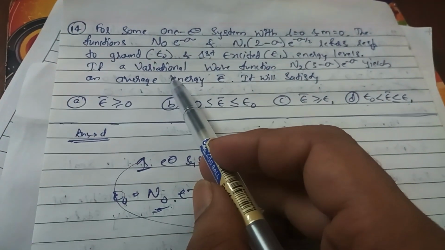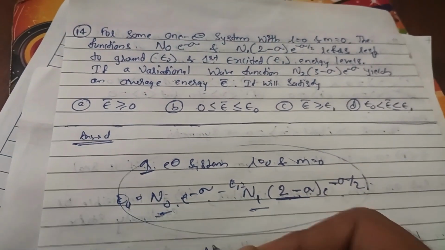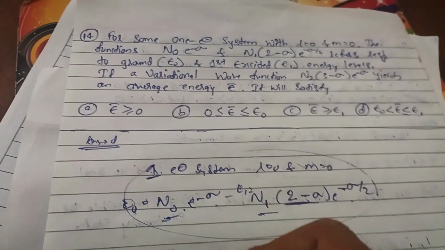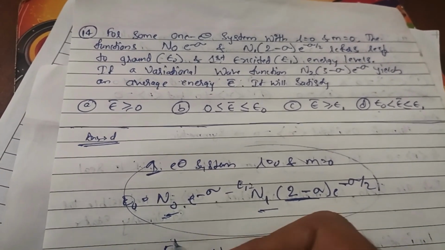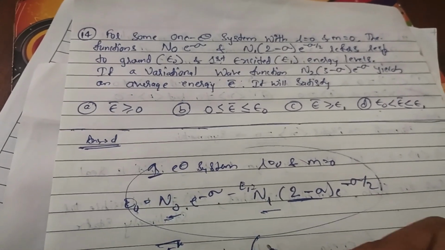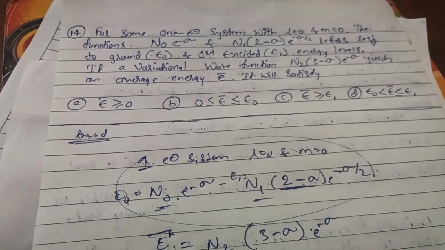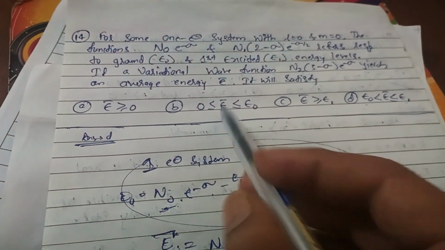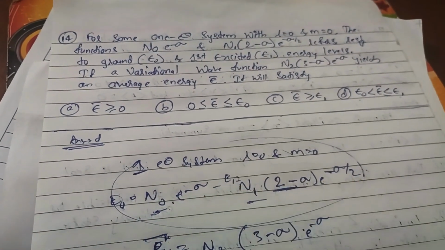If the variation wave function is used, they are asking about E bar, the average energy, which satisfies the following functions.